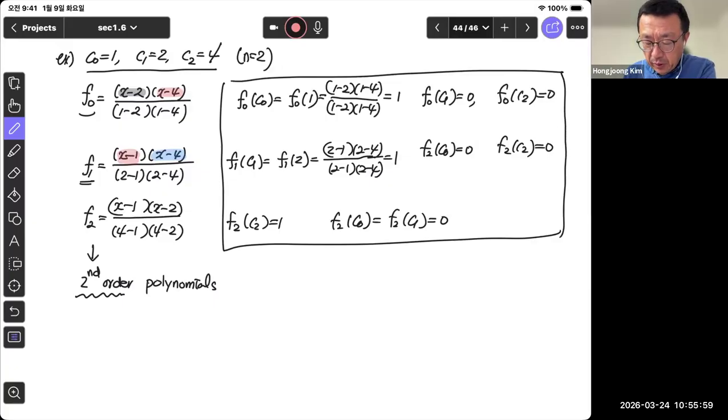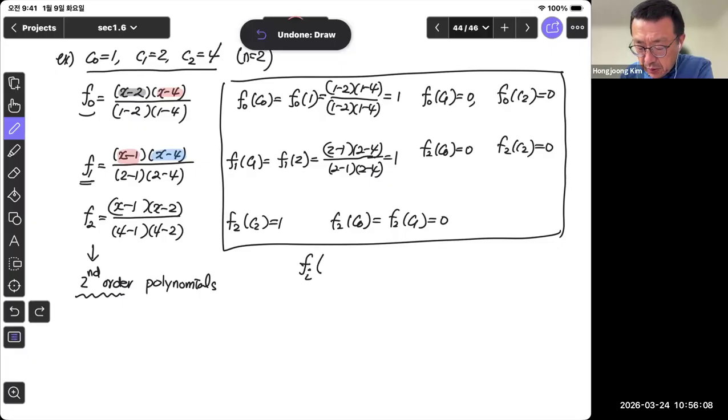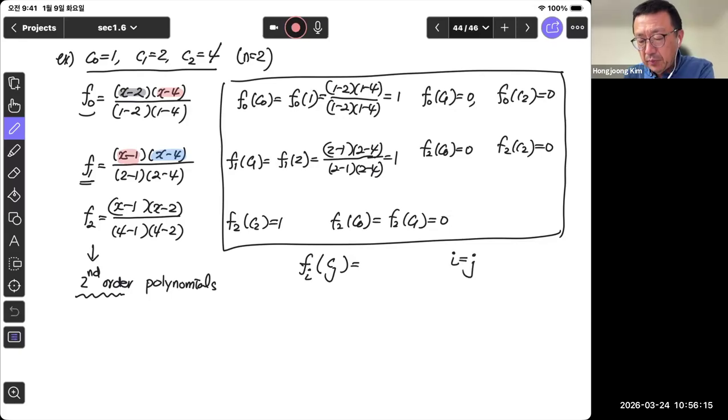In short, given f sub i, when I plug in C sub j, if i and j are the same, the value is 1. If i and j are different, the value is 0, right? And what is the degree of the polynomial?